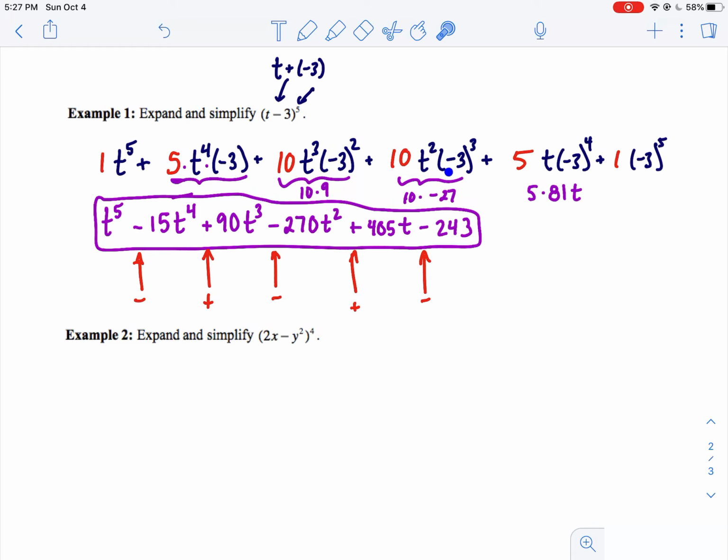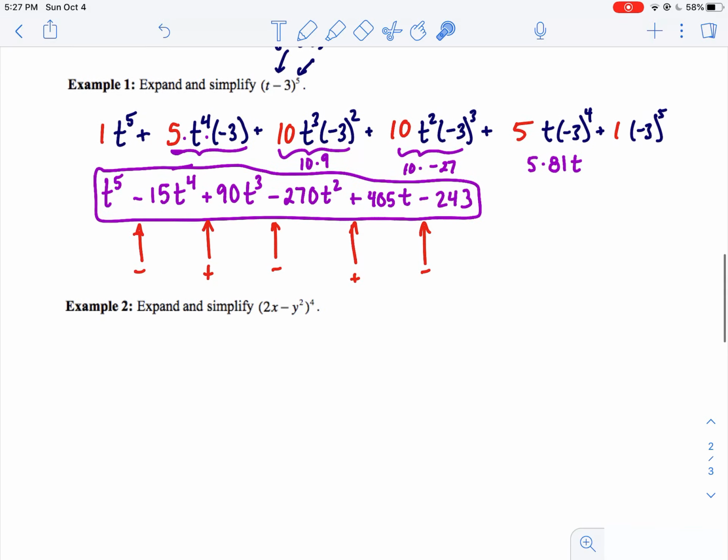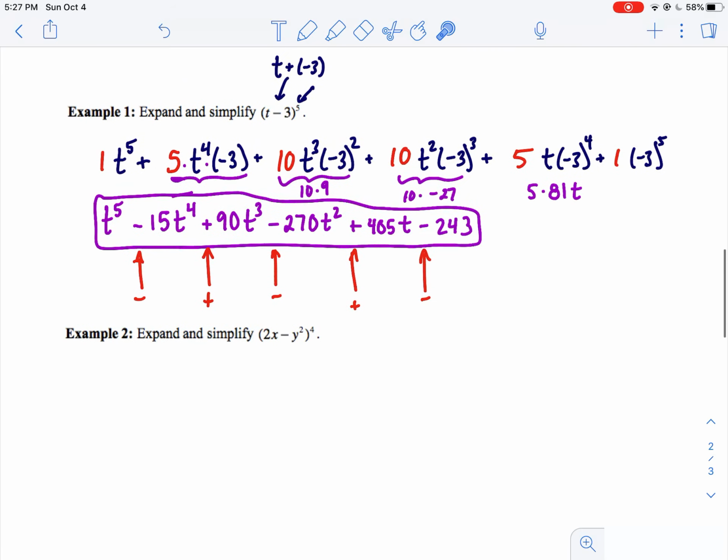Then the negative will be to an odd, then to an even, and vice versa. So as that descends, you're going to get negative, positive, negative, positive, negative, and so on. Okay? So you can either include the negative in there when you're doing the squaring and cubing, or some people prefer to say, well, as soon as I see it's a minus, I know it's just going to alternate. So as long as you remember to do that, totally fine.